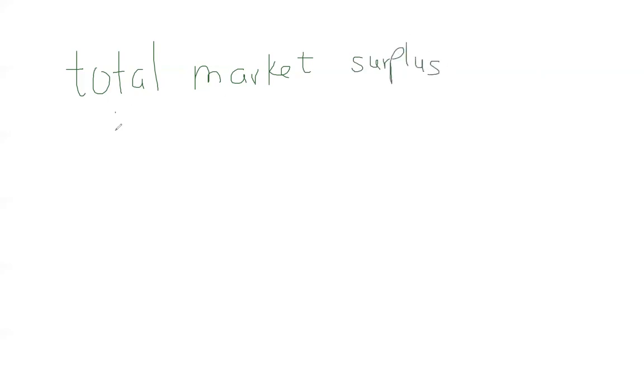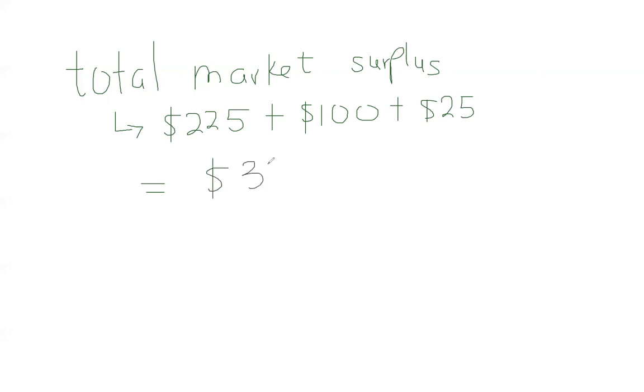So in this case, we have 225 plus 100 plus 25. Okay, so our total market surplus should equal $350. So that's how you find producer surplus.